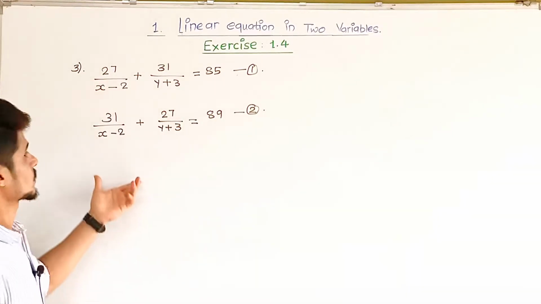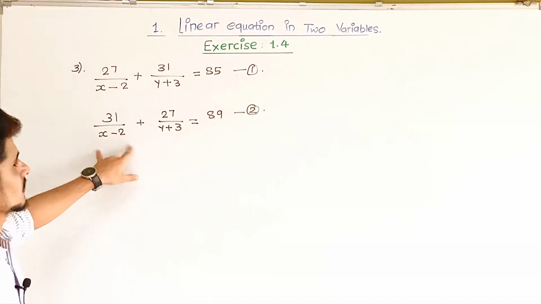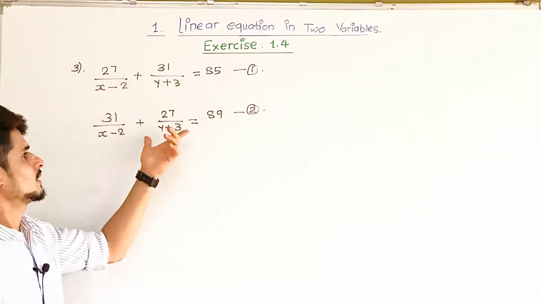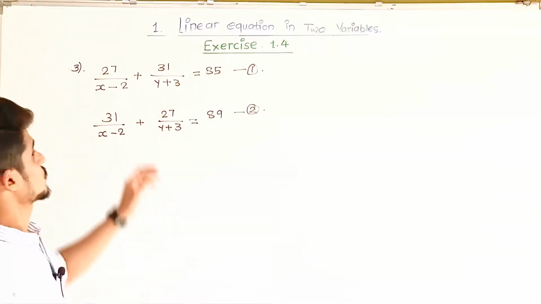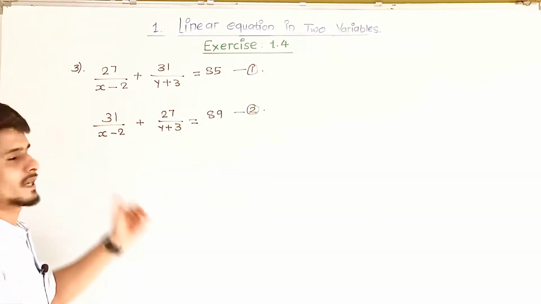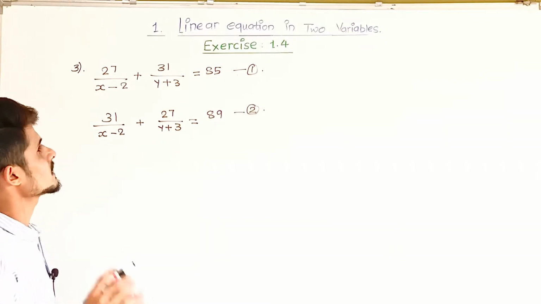In this question, x minus 2 is common, and similarly y plus 3 is common, but they are in denominators, so we have to take 1 upon x minus 2 as a and 1 upon y plus 3 as b.